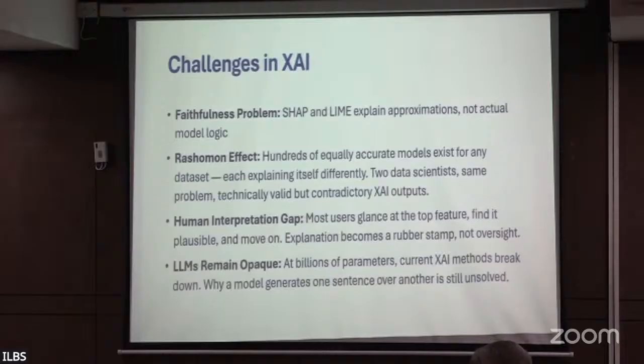So the challenge in explainability is that SHAP explains an approximation. It is not the actual model logic. When a different data set is used, or there are random effects, and when different models are used, like a tree based algorithm or a support vector machine algorithm, the interpretation may change.